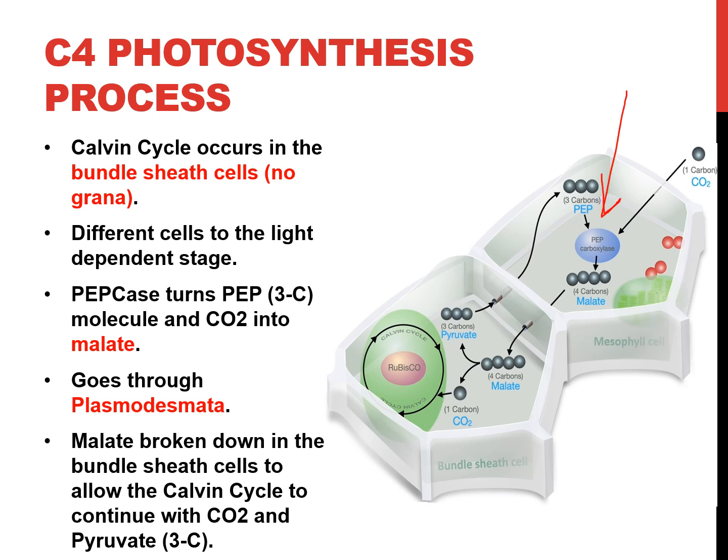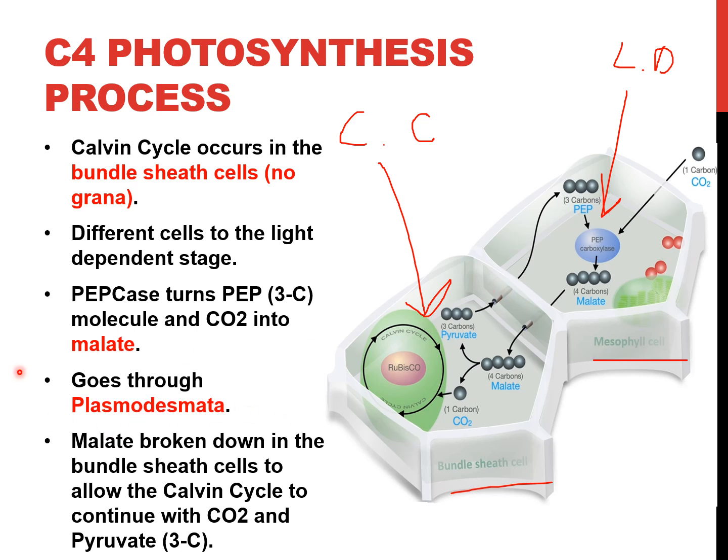Light dependent stage in that mesophyll cell, and then Calvin cycle, or light independent, in the bundle sheath cell here. So different cells for each stage. Essentially, these carbons will travel through the cell wall between these cells through these little holes called plasmodesmata.